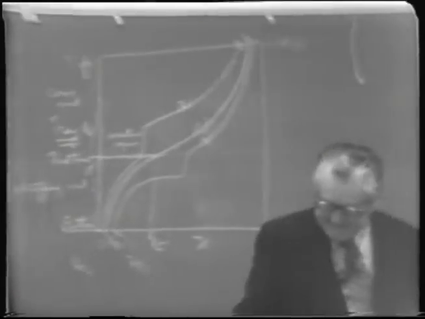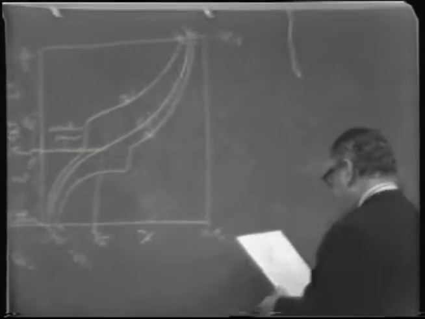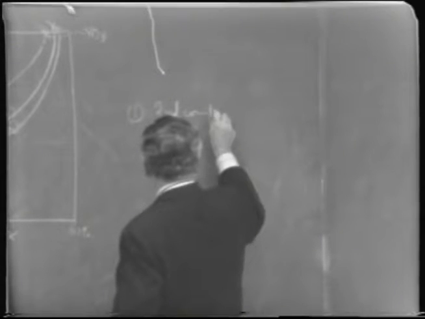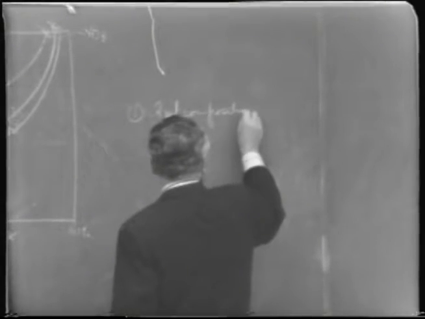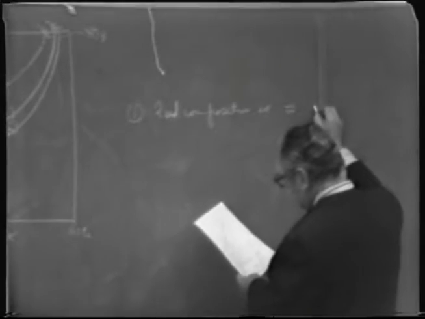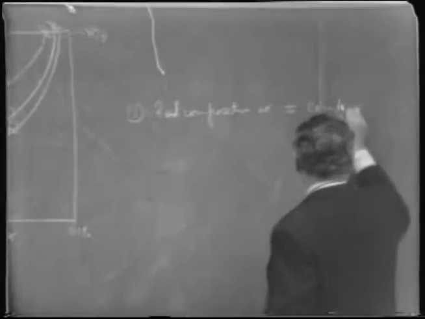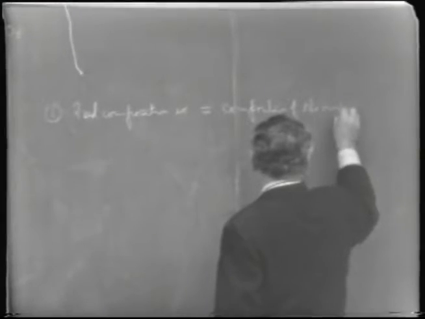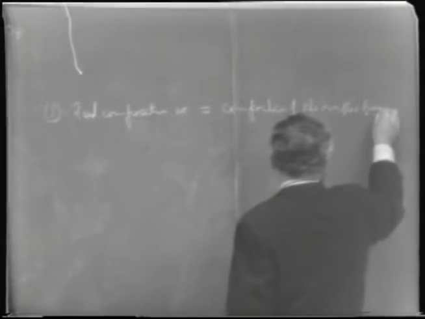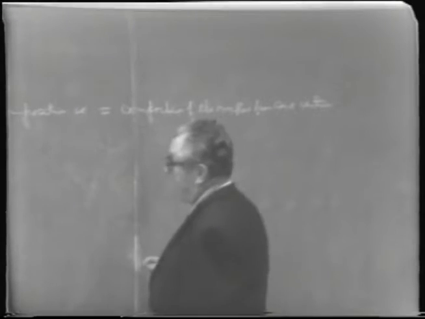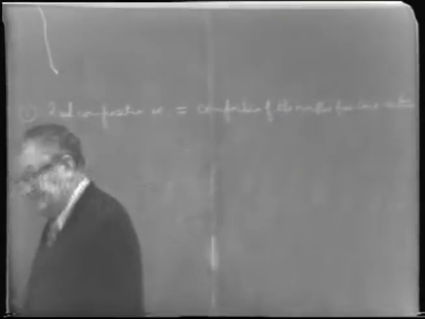So to summarize, for curve 1, the feed composition is equal to the composition of the overflow from the concentrating section, that is, the overflow from the last tray of the concentrating section onto the feed tray.